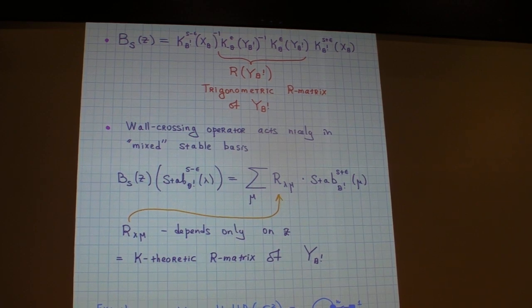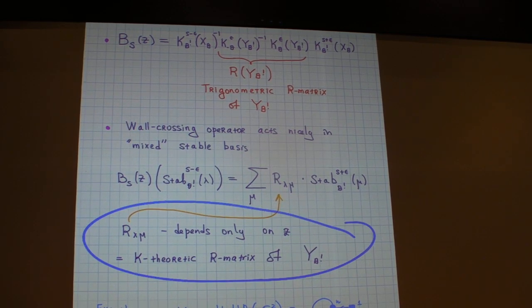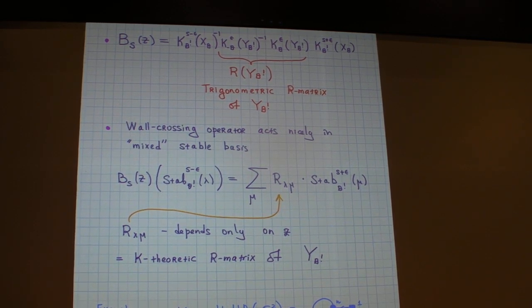Then you get some plus in K-theory, and you expand it in the stable envelope basis corresponding to the slope right after the wall. In this case, the matrix elements of that computation are exactly the K-theoretic R matrix of this subvariety on the dual side. It's kind of interesting.